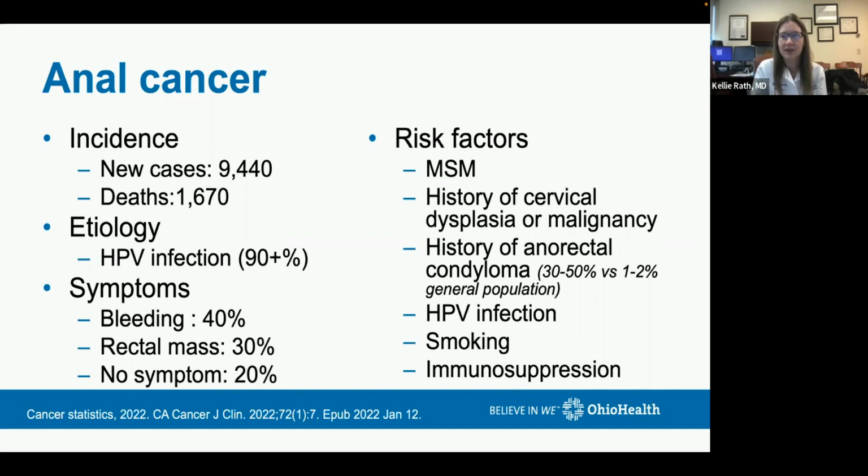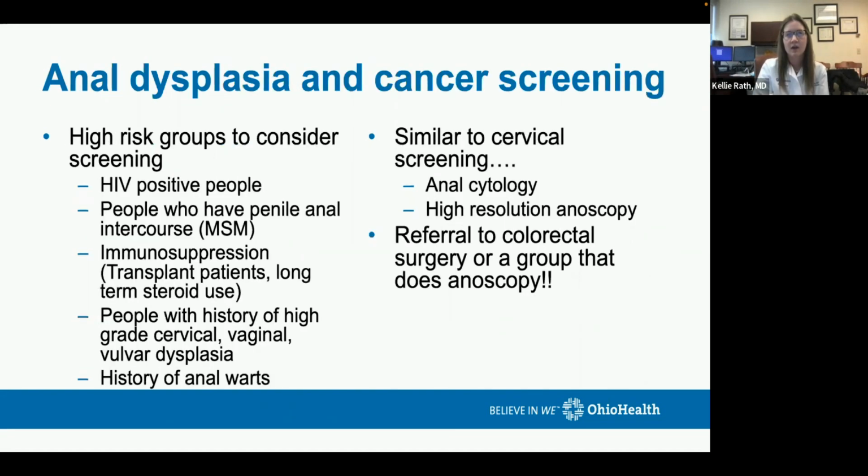Risk factors are men who have sex with men, a history of cervical dysplasia, vulvar dysplasia, or malignancy, a history of anal rectal condyloma. So certainly 30 to 50% risk in some of these patients versus very much lower risk. And so just that same HPV infection, a history of these condyloma can increase the risk later in life of an anal cancer with persistent HPV, smoking, as well as immunosuppression.